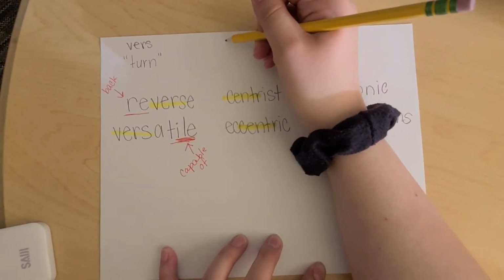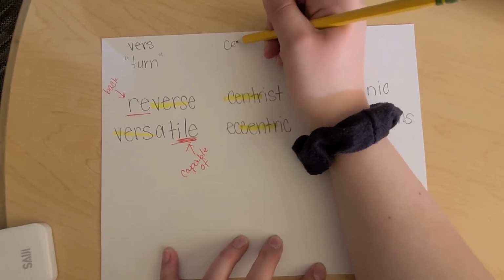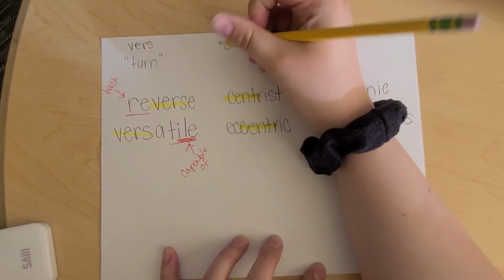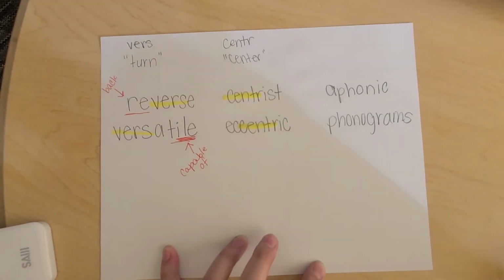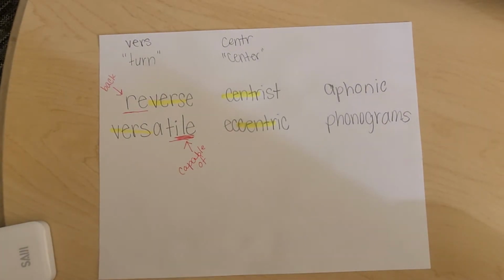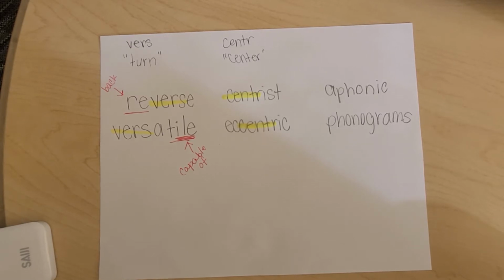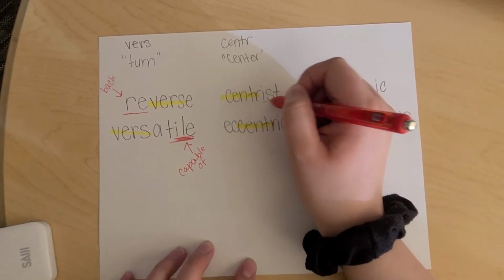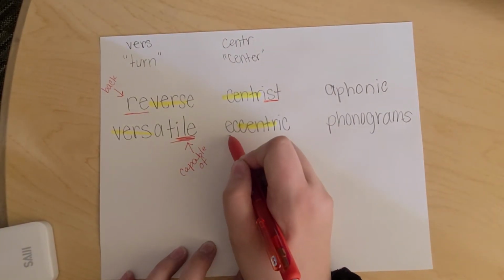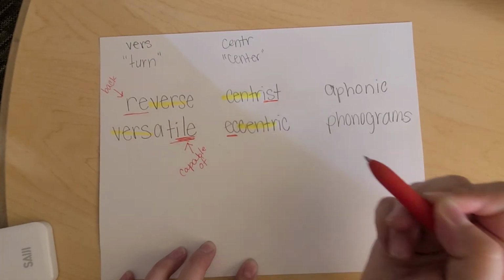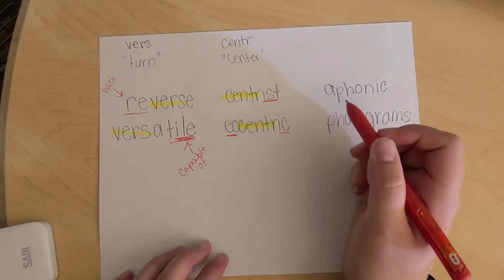And I also know, and you can find this in your packet, that center means center. In order to figure out my suffixes to find the full meaning of the word, I have ist here. And for my eccentric, I have the prefix ec and the suffix ic.